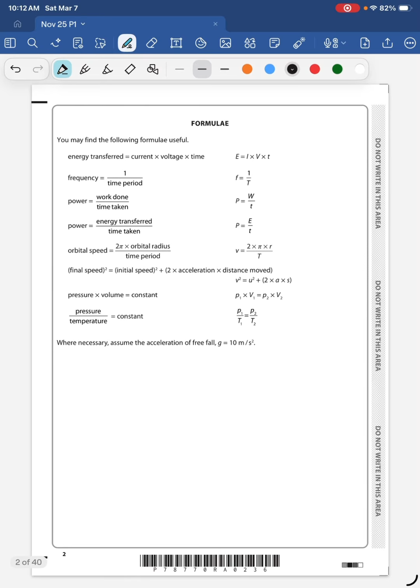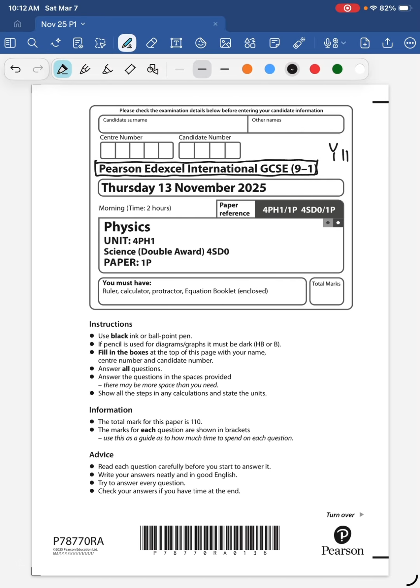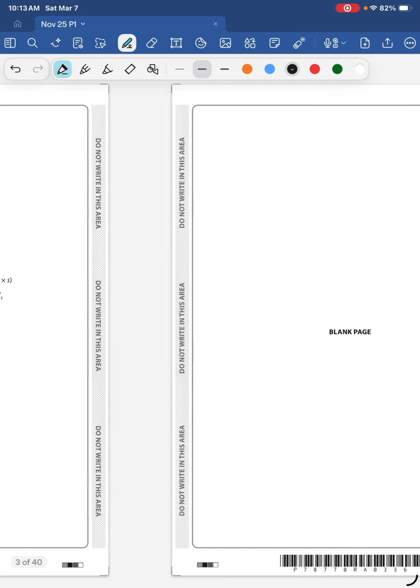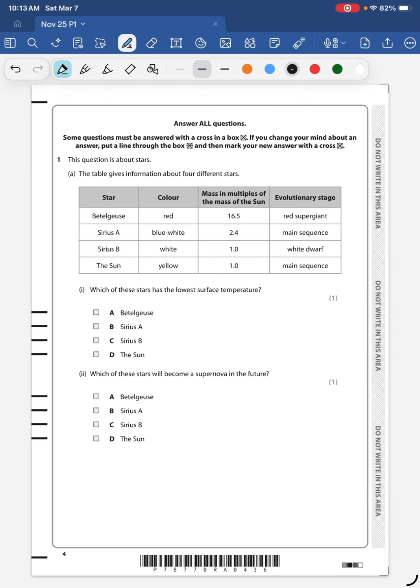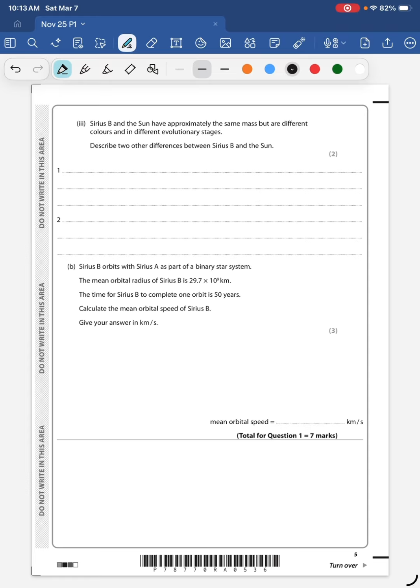Before we start, notice that this is something I always tell my students. There's a time limit of 2 hours in this exam, and there are 110 marks from what I saw. So a rule of thumb is that, if we go to the first question, we see that it awards 7 marks, so this question should take you about 7 minutes.